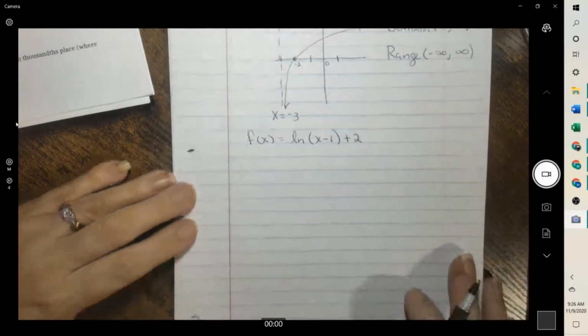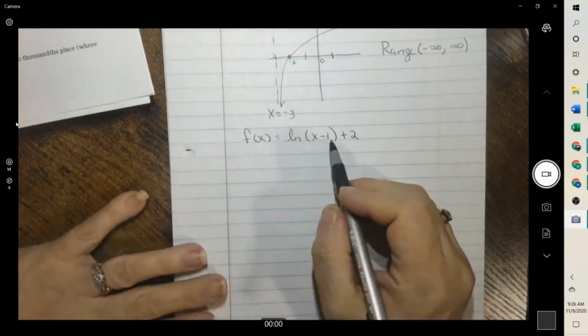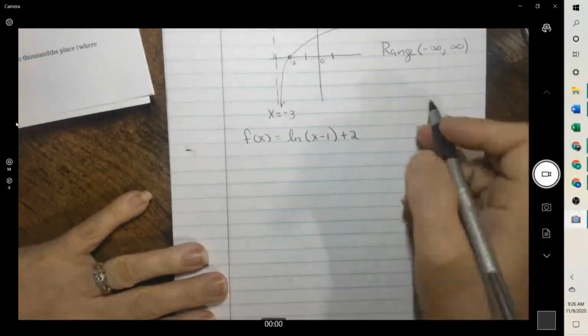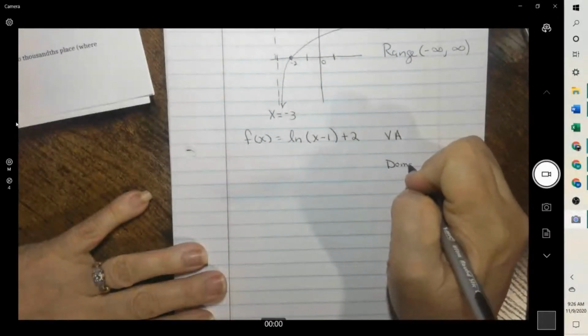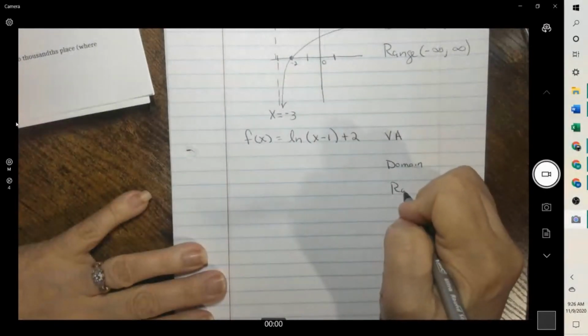Okay. So find the natural log of x minus 1 plus 2, graph it, give the vertical asymptote, the domain, and the range.